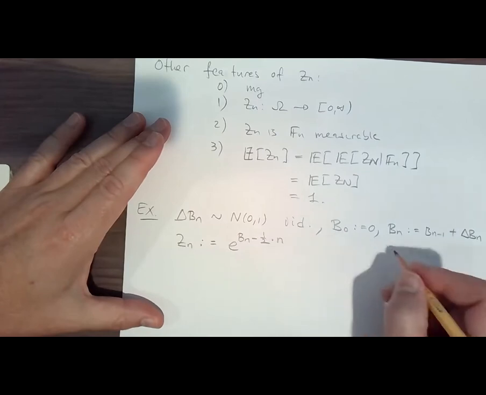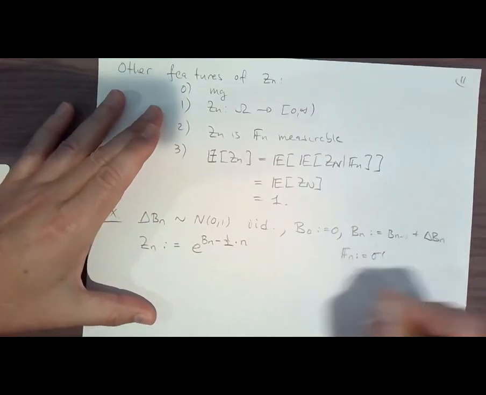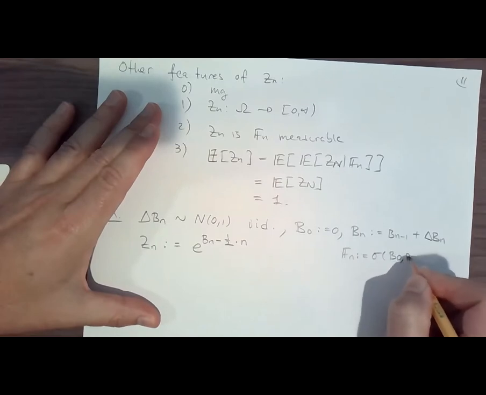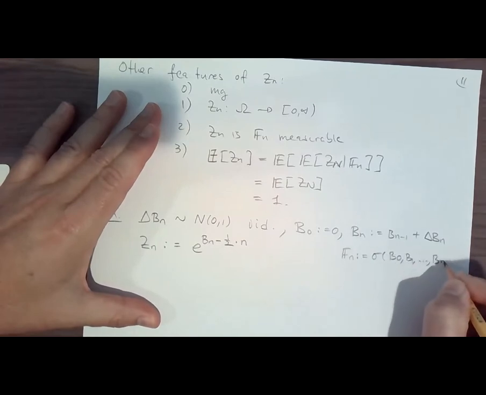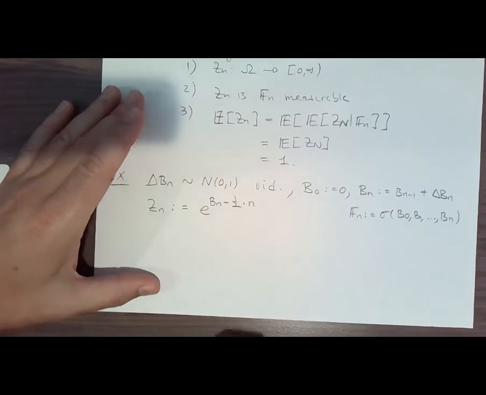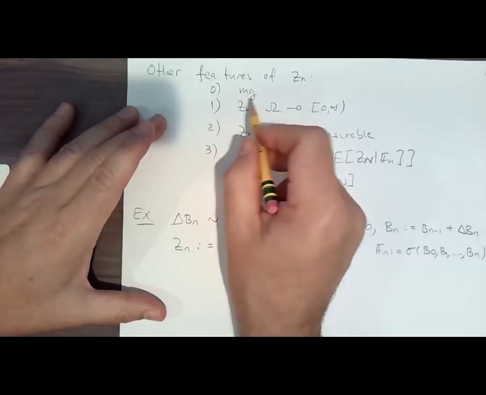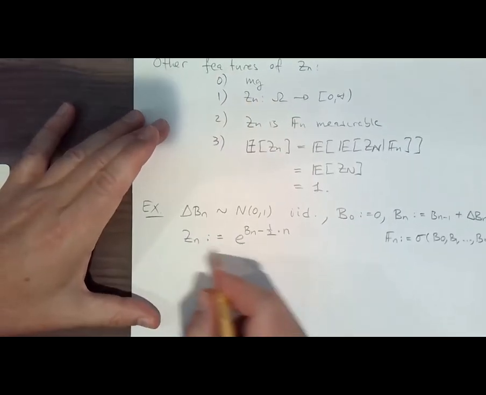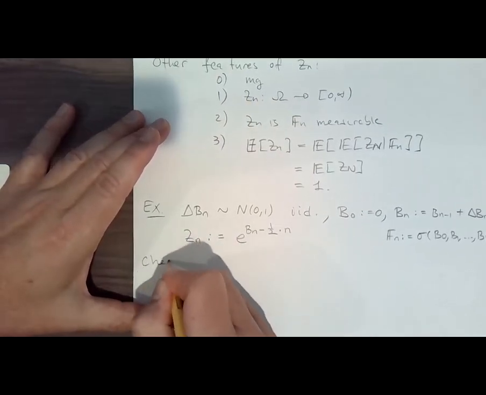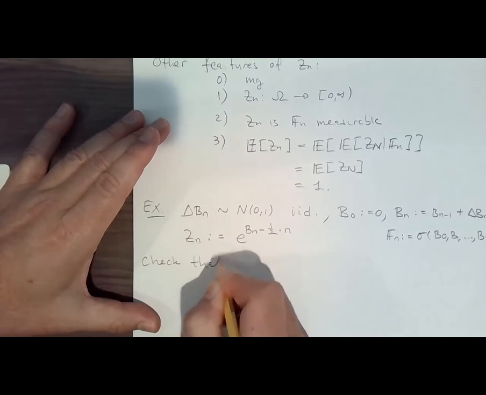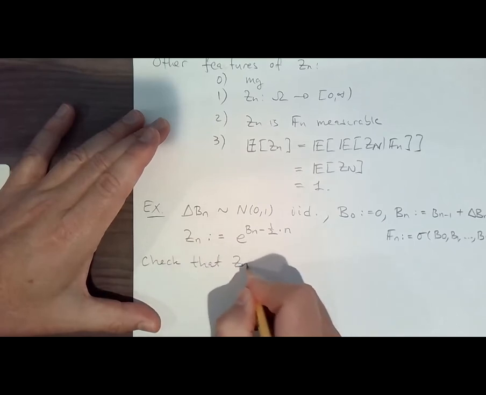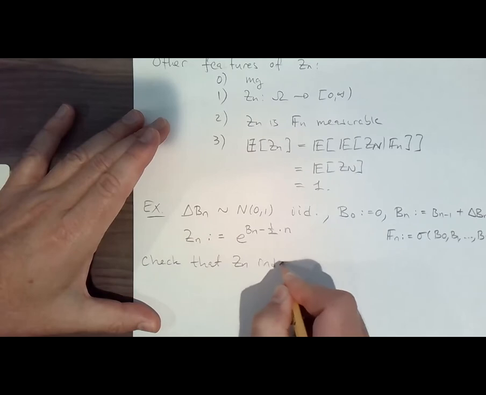I'll have my Fn, this would just be the sigma algebra generated by B0, B1 up to Bn. So that's going to be true. What about the martingale property? Let's check that this is indeed a martingale.